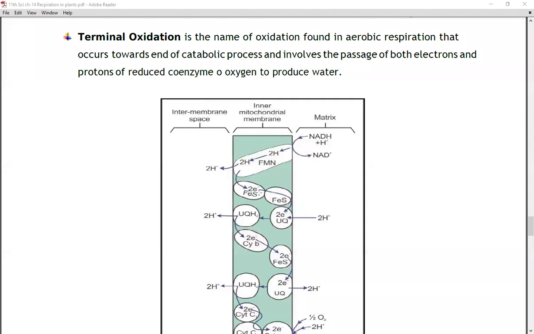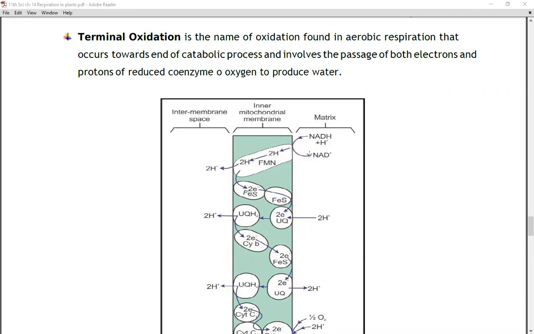Now, as the proteins are present inside the membrane, they are said to be integral proteins. The function of these integral proteins is to carry the protons as well as the electrons and pass them from one carrier to the next carrier.